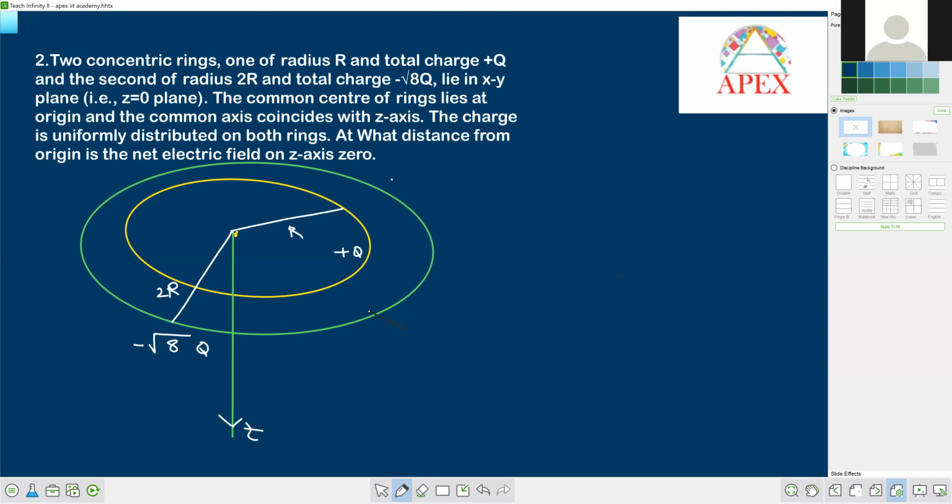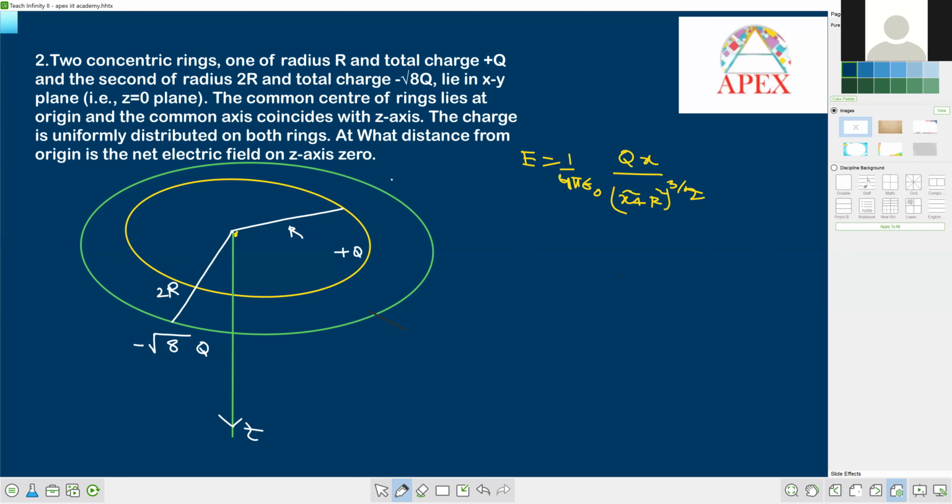So whenever a ring is taken, and if you want to calculate electric field intensity at a point on the axis of the ring, what is the general formula we derived in the regular class? That is E equal to 1 by 4 pi epsilon naught qx by x square plus r square whole power 3 by 2.